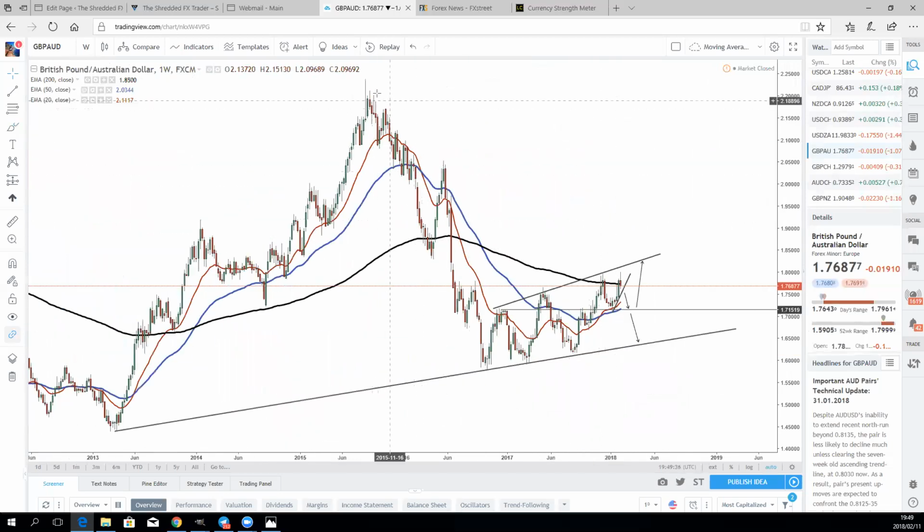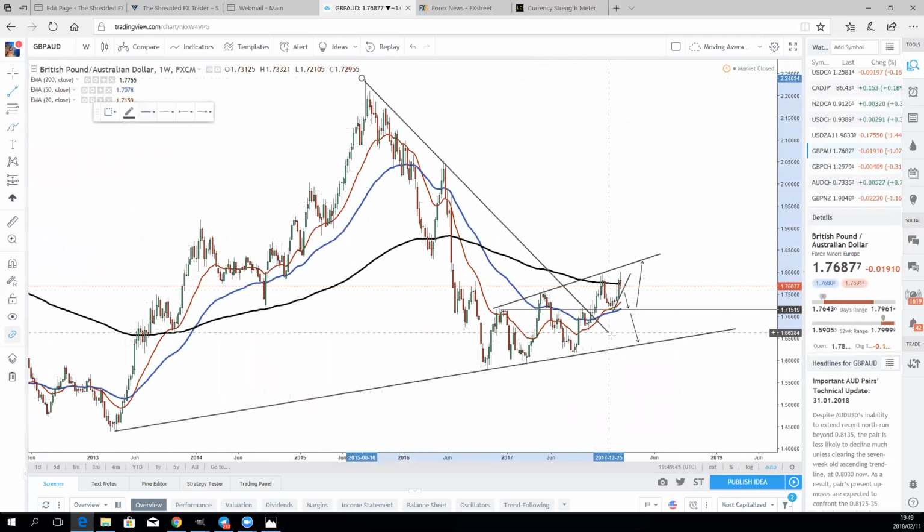Pound Oz. Long term on the weekly, you can see momentum has shifted. So we're now trading above alternative. However, we have closed below the 200 moving average.